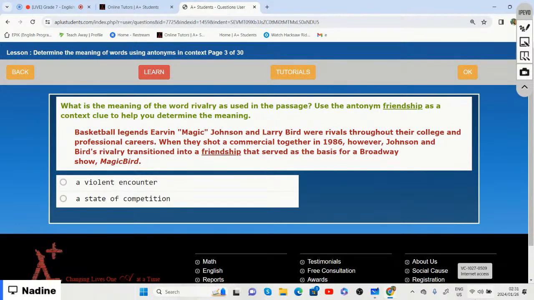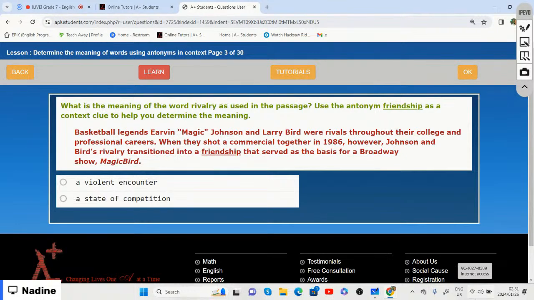So what is the meaning of the word rivalry as used within the passage?